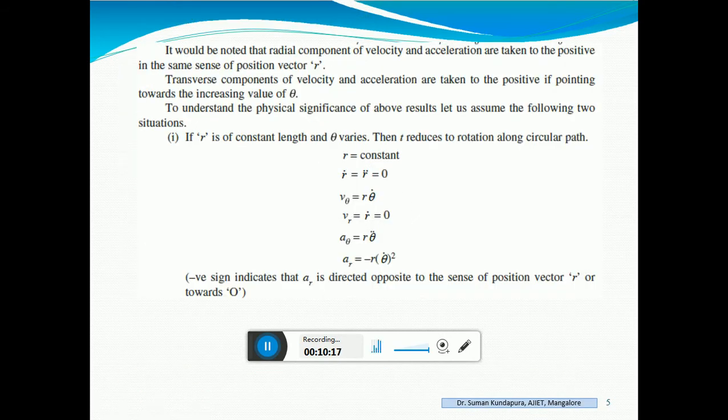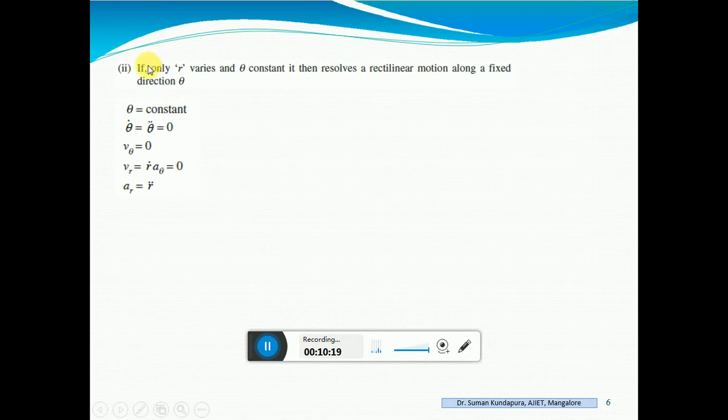The next case is if only r varies and theta is constant. It results in rectilinear motion along a fixed theta direction. Theta constant means theta dot becomes 0, and the second derivative also becomes 0.